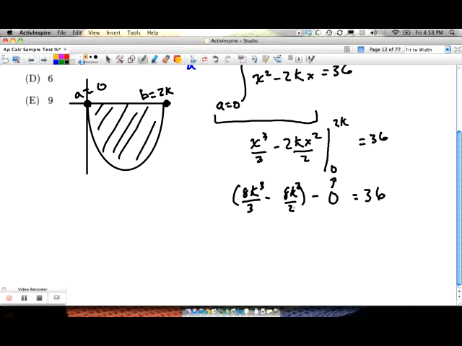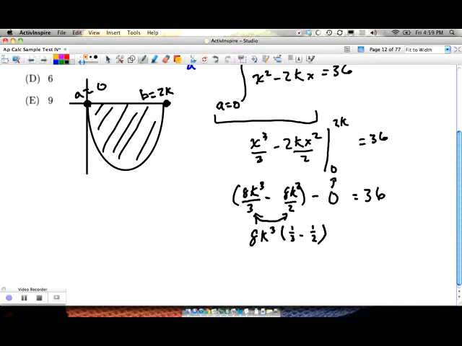I would love to simplify this because it's kind of weird having two fractions so similar but not exactly the same. So I'm going to factor out an 8k cubed. Then I have to figure out what is 1/3 minus 1/2.